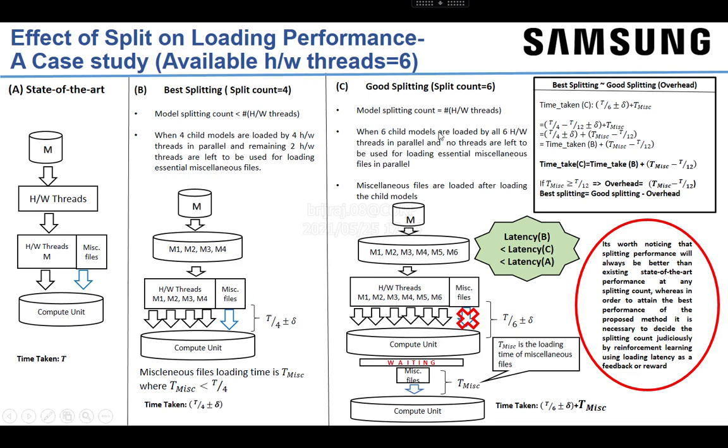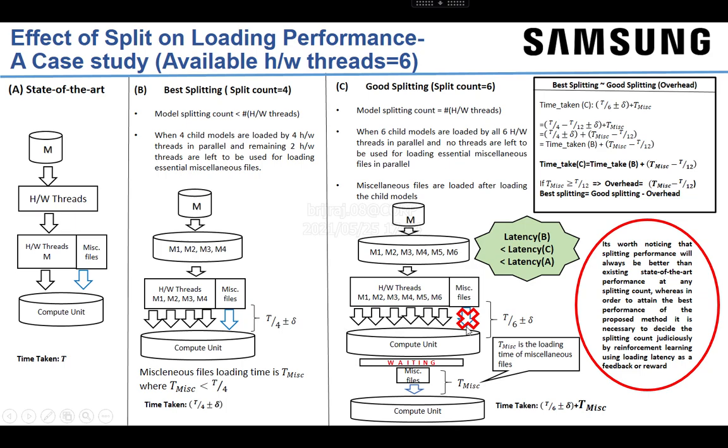What happens if we split it among 6 child models? We have 6 threads, and all the threads are now loading one model each. So the binaries or miscellaneous files cannot be loaded because there is no leftover hardware thread, right? So they will be loaded in the next time quanta, which will be sequential.